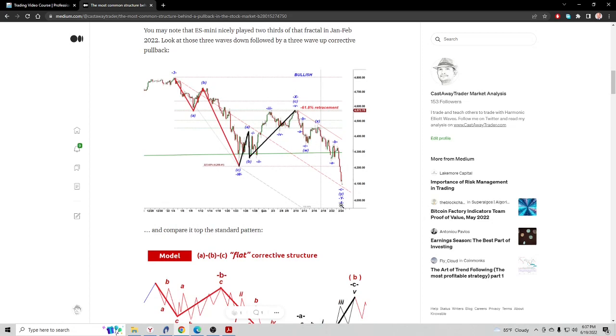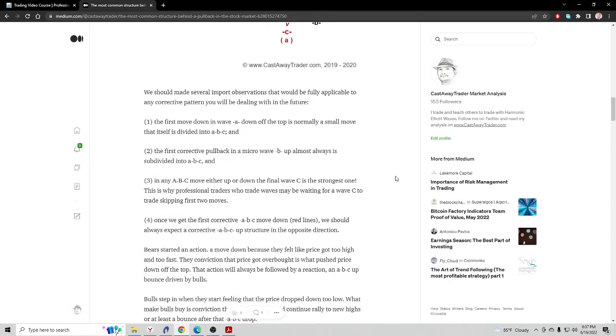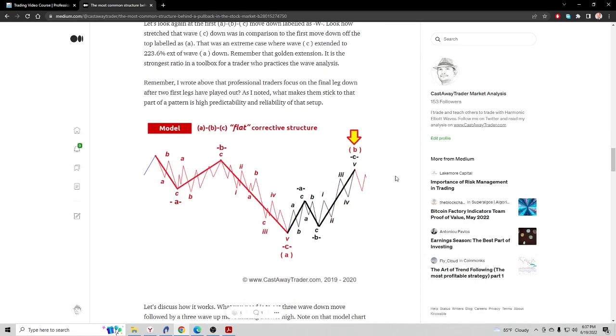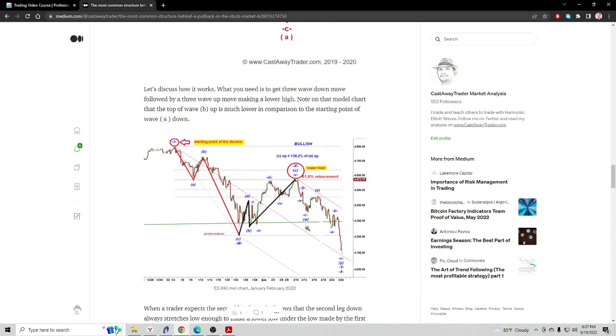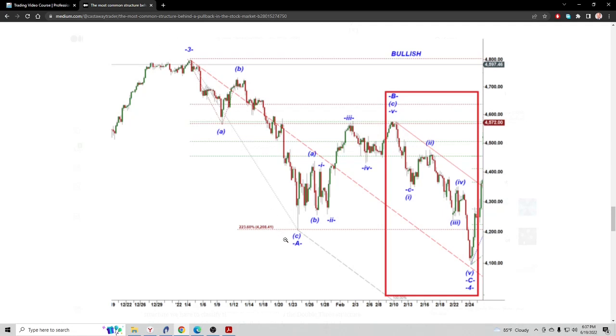So look at that drop. We are talking about the low made in February 2022. We could have counted that move down as 5 waves. So this is A down, B up, C down, and that was supposed to have a clean 5 wave down structure: one down, 2 up, 3 down, 4 up, 5 down.